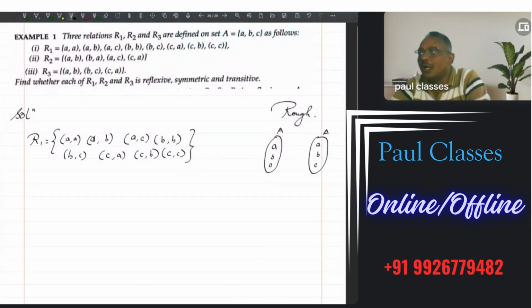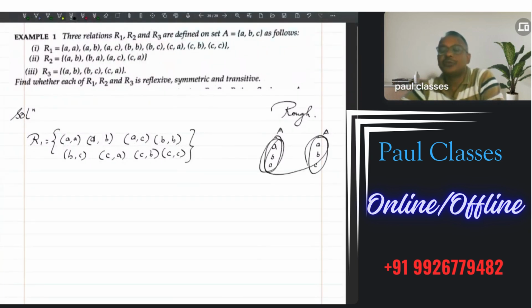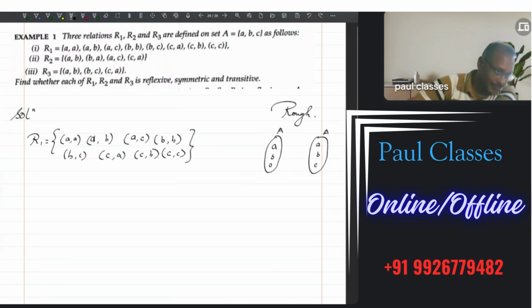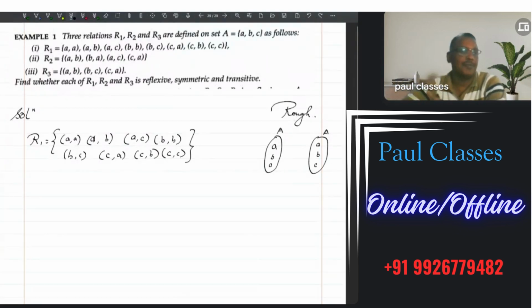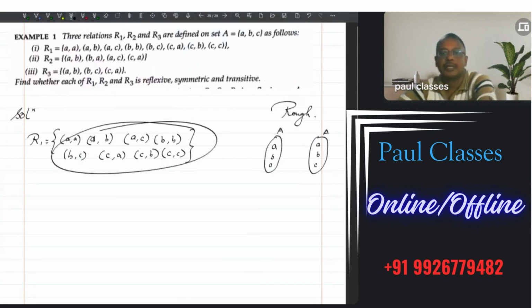Actually, in all, there should be 3 into 3, 9 maximum elements possible. They have given you 8 elements in this relation. There's no problem.